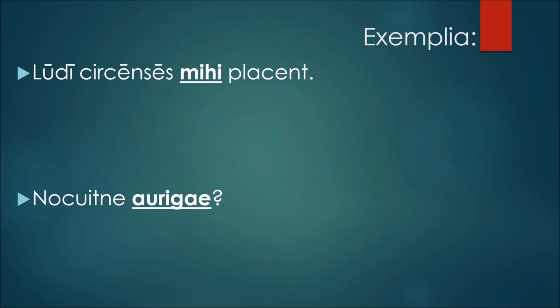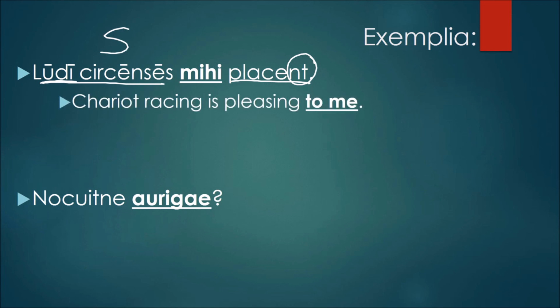Let's look at a couple of exempla, discipuli. In our first exemplum, that with our verb placent, which means to be pleasing or to please, we see ludi circenses mihi placent. Now our verb placent is very clearly in the third person plural, which means that ludi circenses is our subject. So the chariot racing is pleasing to me.